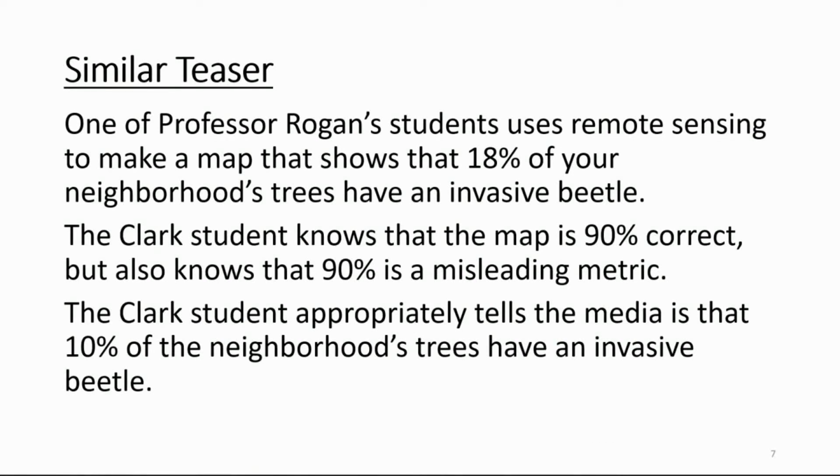So the student appropriately tells the media that 10% of the neighborhood's trees have the invasive beetle, even when 18% of the map shows that it has the invasive beetle. If you look at what's in the table, there's really only 4 numbers, but you have to think about those pretty carefully in order to not make a mistaken claim.